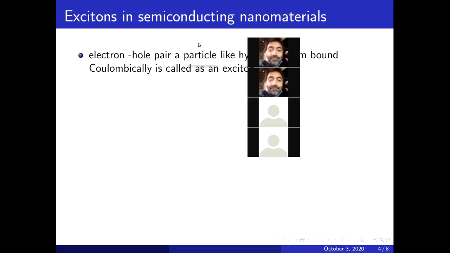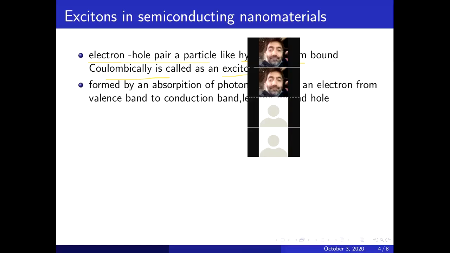So I start here from the electron-hole pair. So we have an electron-hole pair, a bound particle like a hydrogen atom, bound coulombically. I hope this definition is clear, all the words.